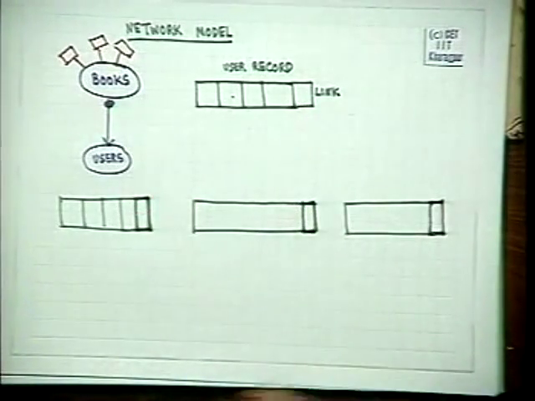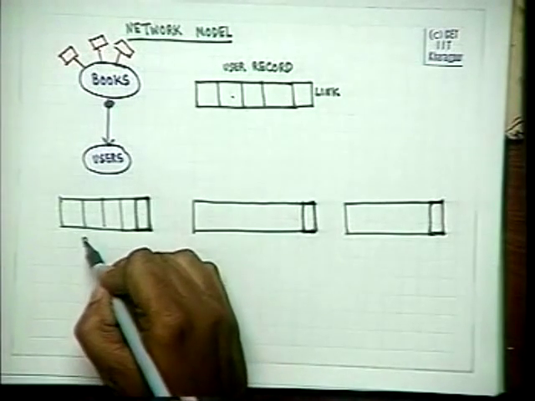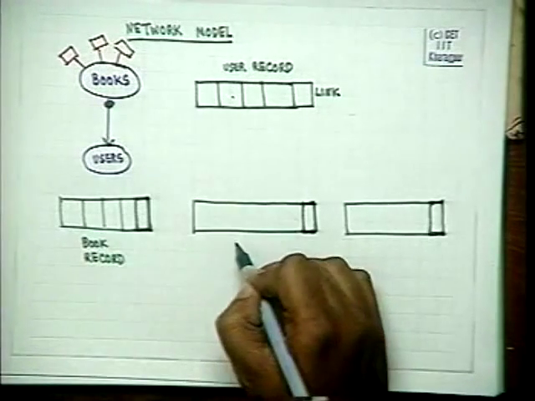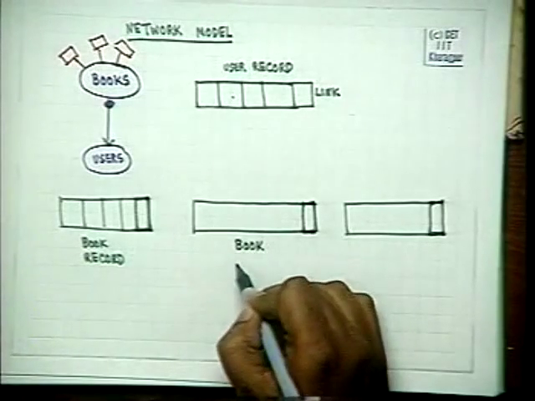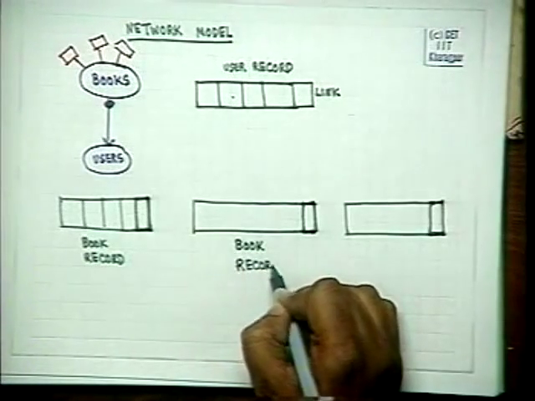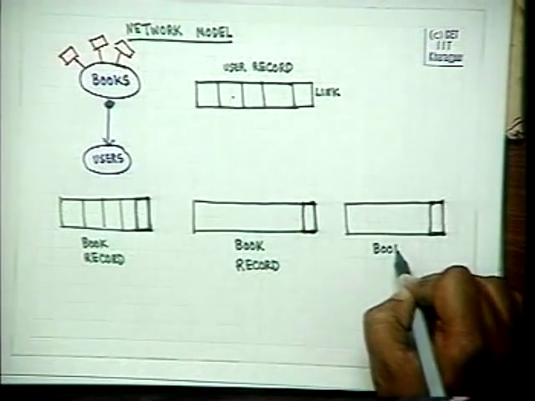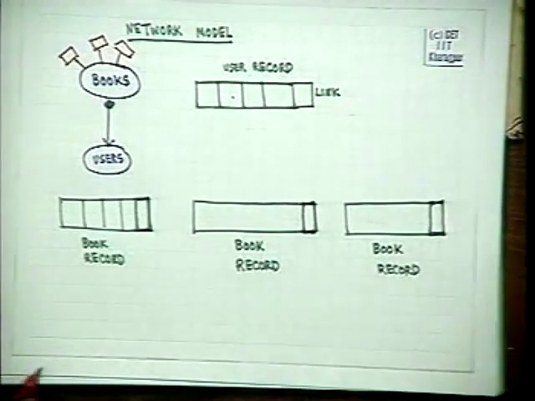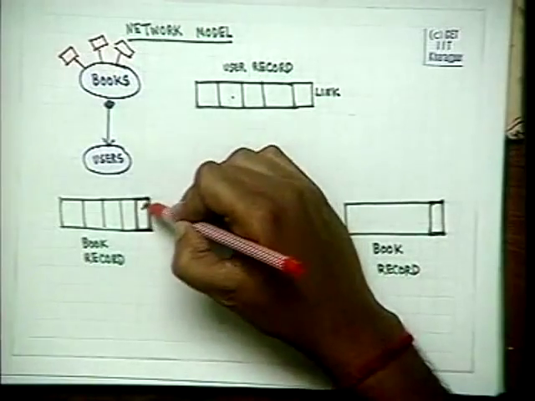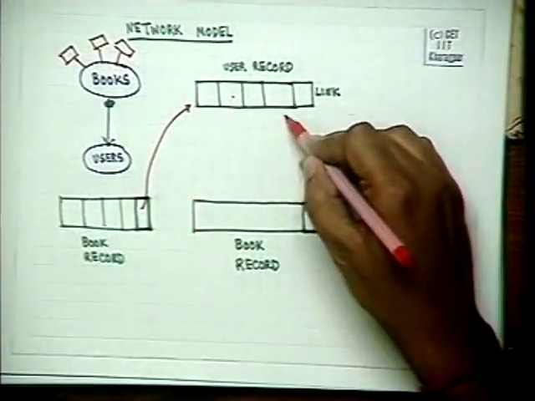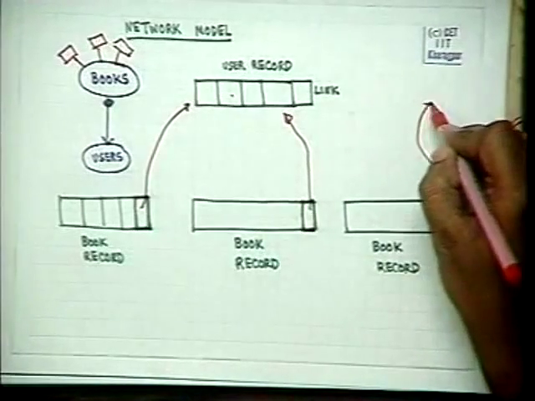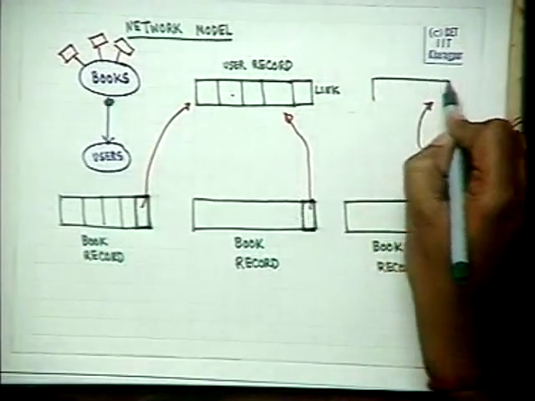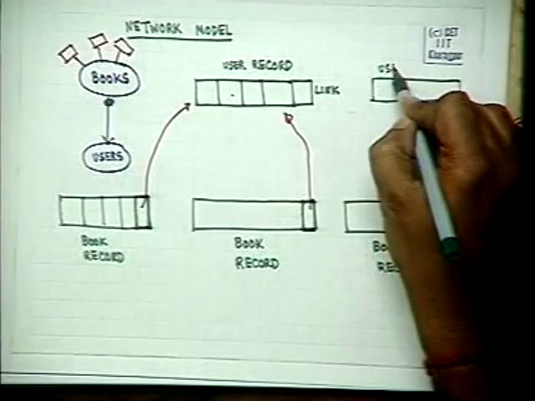But from a book, let us say this is one book record, this is another book record, and this is a third book record, since from a book you can always have only one user, you can just have pointers. This may point to some user, and this may point to some other user, indicating that this user has issued this book.